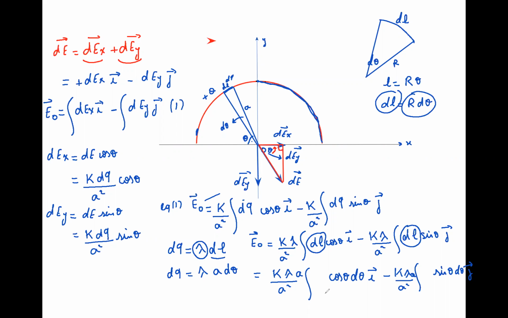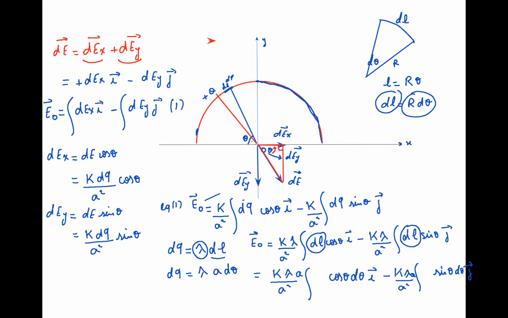Now let's put the limit. It's important now, as we have only the theta parameter, we have to put the limit of the integral. You know that before I had this one, and the angle is here. If we move the angle to this position, the angle equals 0.